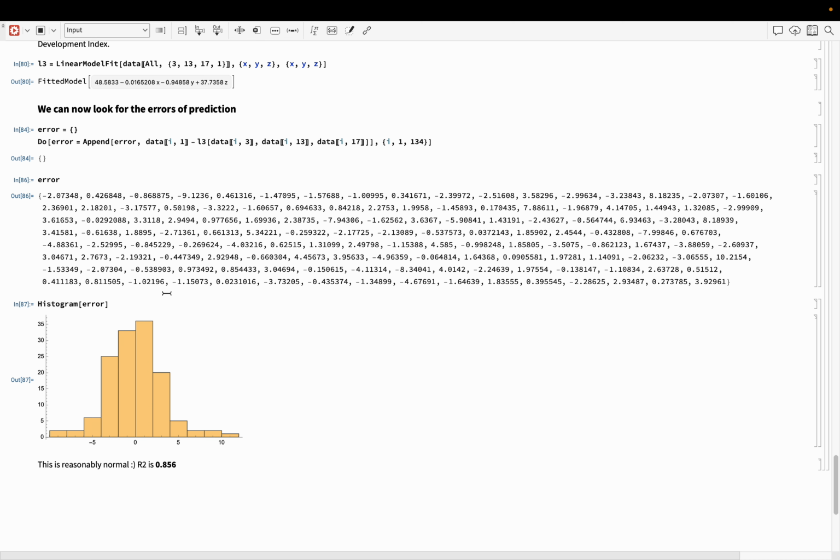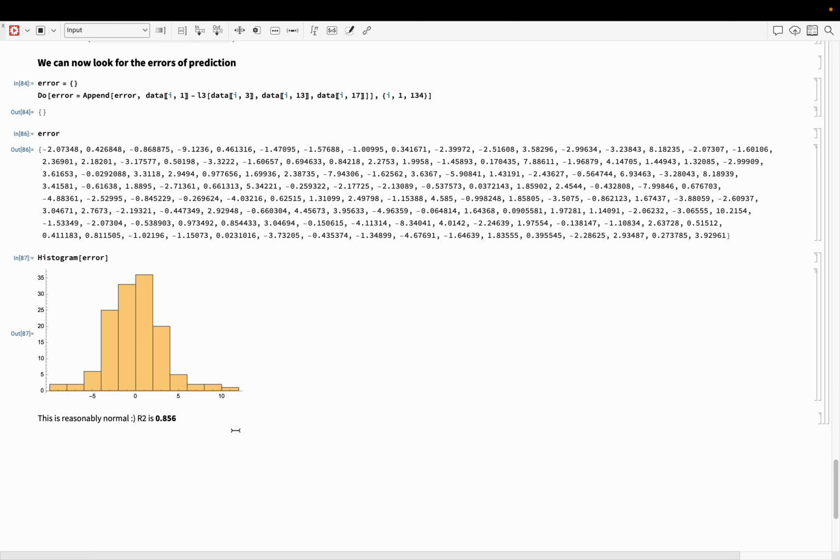So to be on the safe side, I have checked here. Here we have a histogram of errors of prediction in our model, and this is reasonably normal.